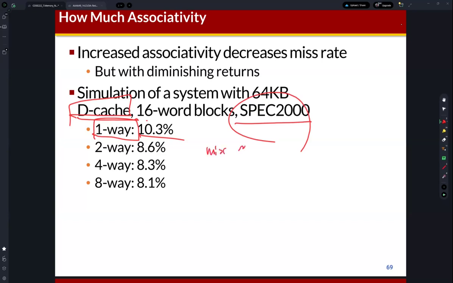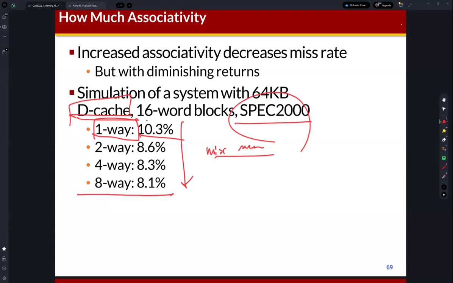And then for the two-way set associative cache, we can observe that the miss rate is reduced, it's decreased, right? What does that mean? The hit rate is increased, because the hit rate is 1 minus the miss rate, right? So you can observe that the performance of the cache is increased.